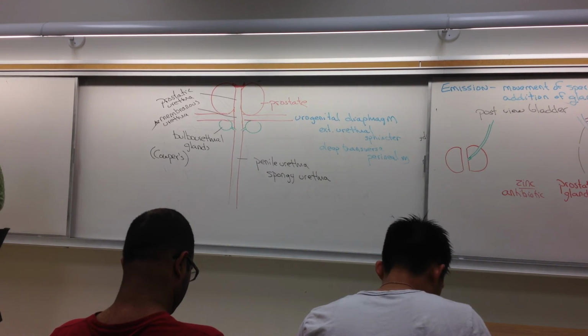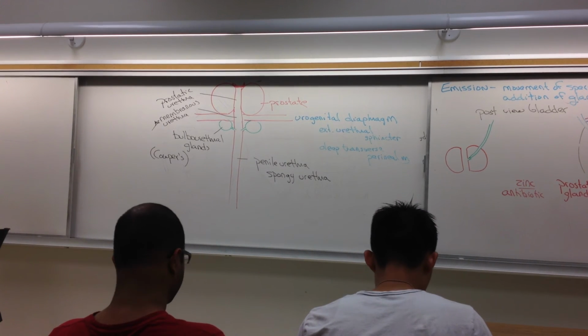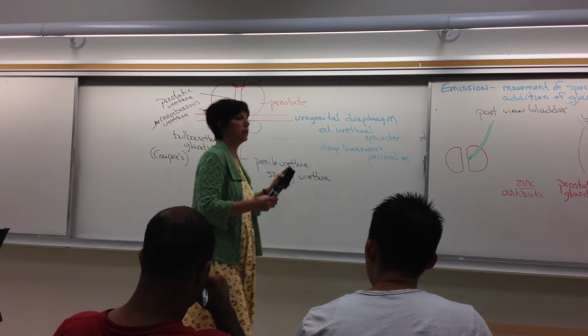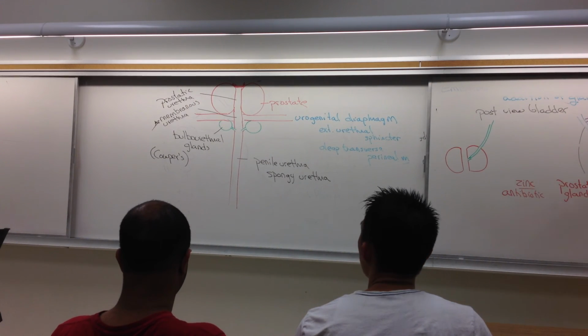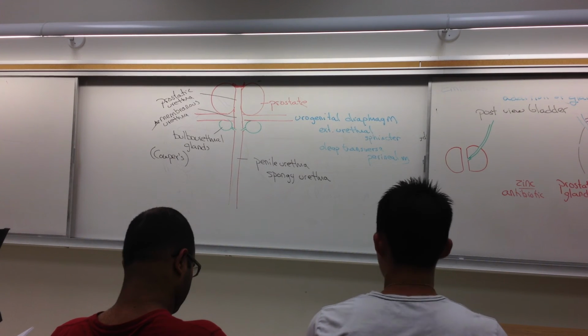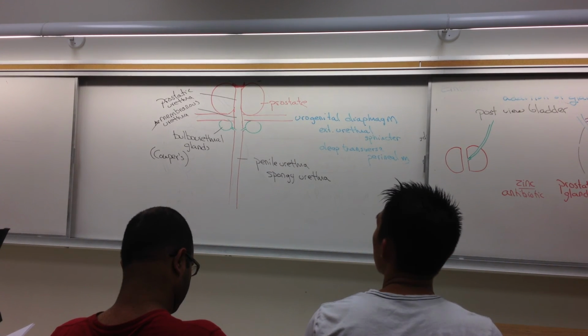All right, let's look now at the structure of the penis. And when we do the female, I'll also go over these same structures because we find them in the female.